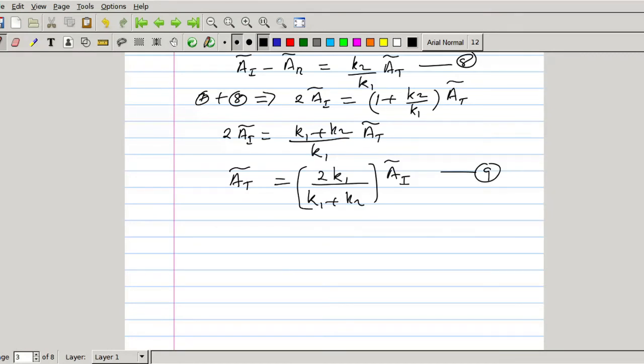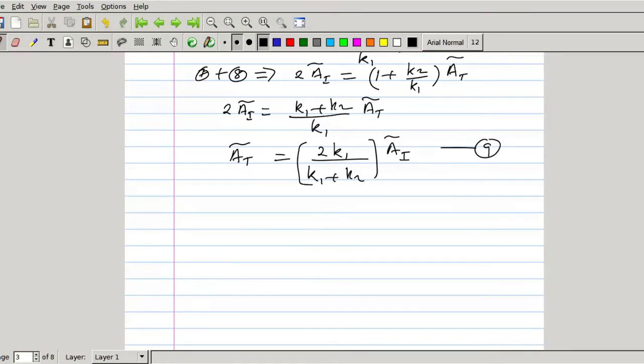Or we can write K1 as, V equal to omega by K. So omega is same for two media. That means we can replace this K by V. So this will be omega by V1, and this one will be omega by V1. This one will be omega by V2. On simplifying this, we will be having the relation in terms of velocity as AT equal to 2 V2 by V2 plus V1, that is same as V1 plus V2.